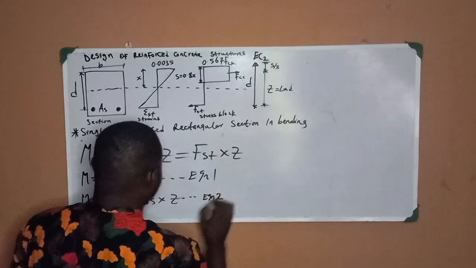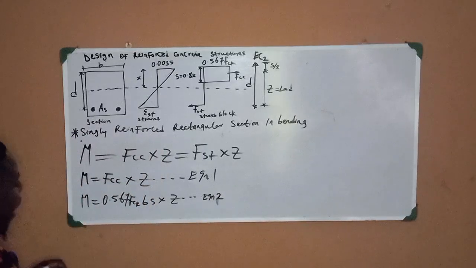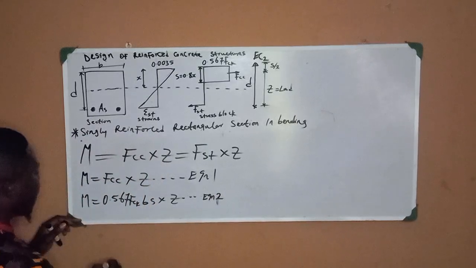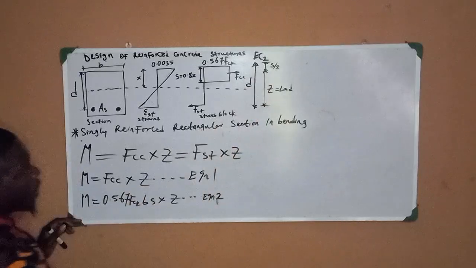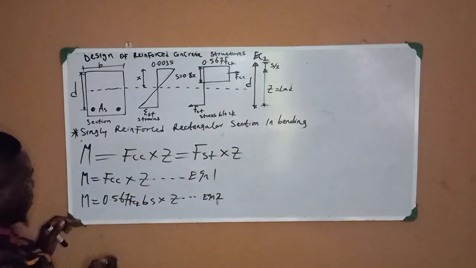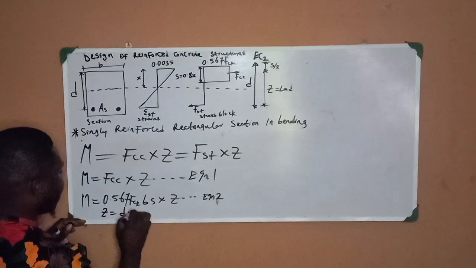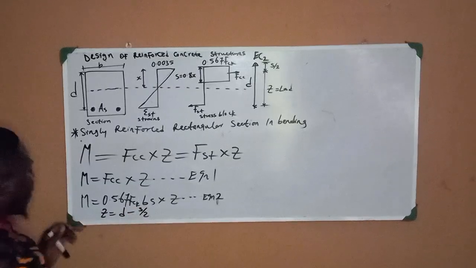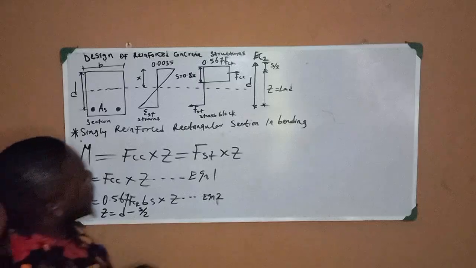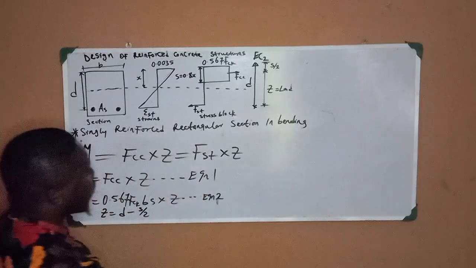Now, I can break this down further. I know from what I have here that my Z is D minus X over 2, that is, Z is the effective depth subtracted by X over 2.